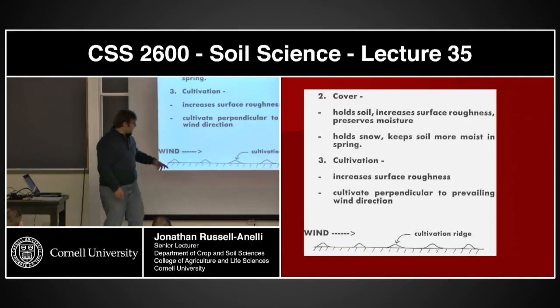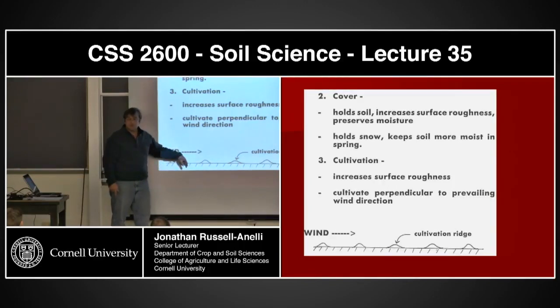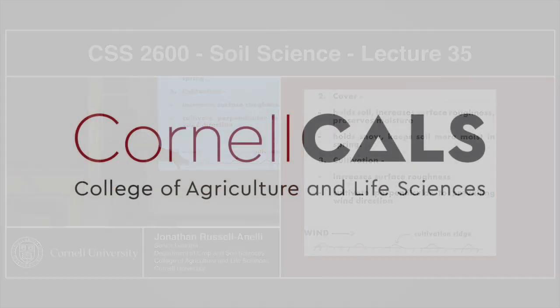So if I have a seedling coming up here, I want it to be out of the wind. I want the reduction of the wind by this ridge to protect that seedling so it doesn't dry out. Lots of considerations here. It's not just about keeping the soil in place, it's also what you're doing in that place.